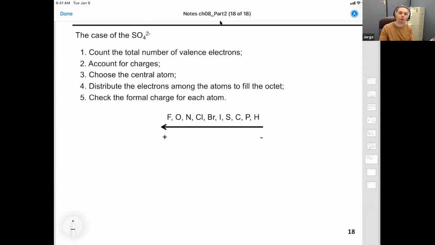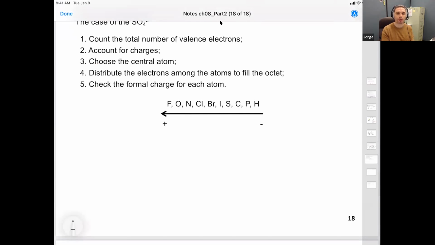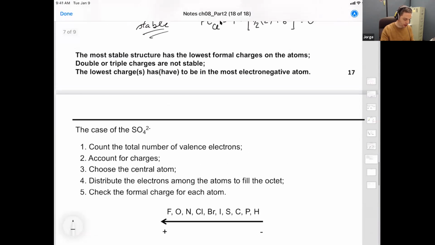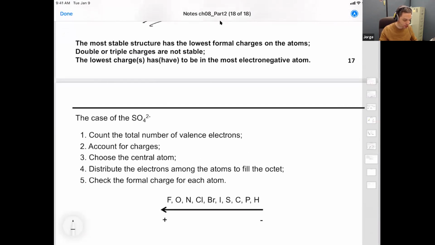Now we have the possibility of multiple structures, and we have to decide which one is the most stable. To do that, we are going to calculate the formal charge for every atom in the structure. The most stable structure has, if possible, 0 formal charges in all the atoms.